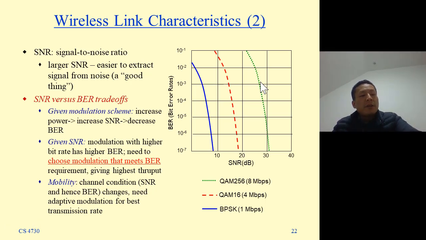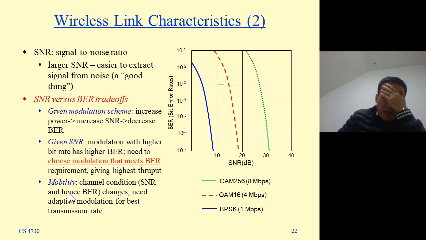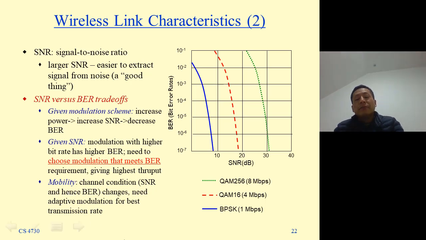And the other case you have to consider is the mobility case. In mobility cases, as you know, when we have mobile devices, we keep moving from one place to another, which means that sometimes we are close to the cell tower, sometimes we are far away from the cell tower, which means our signal noise ratio is always changing, right?